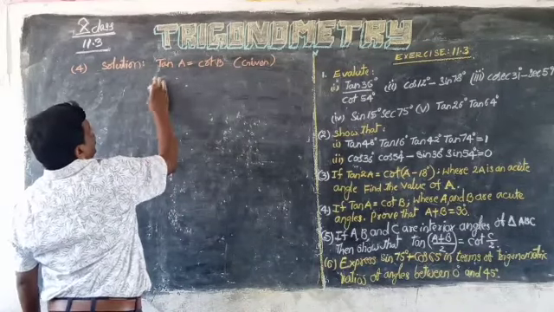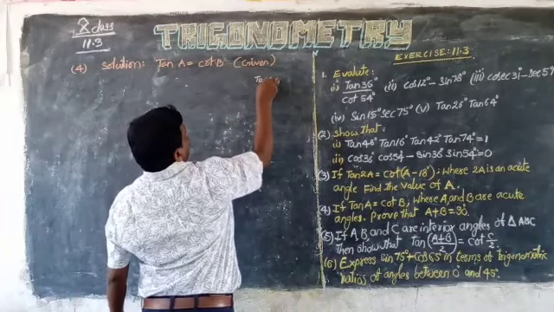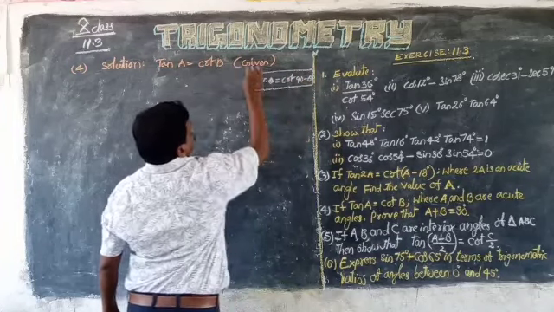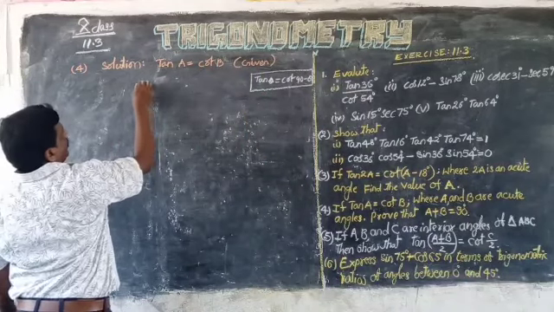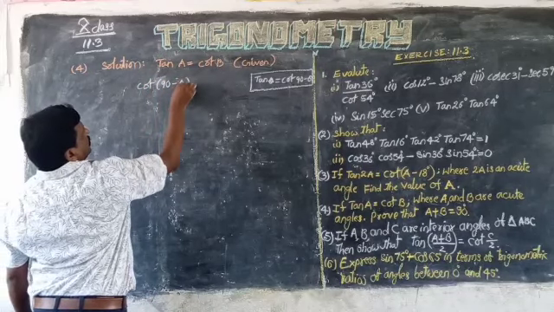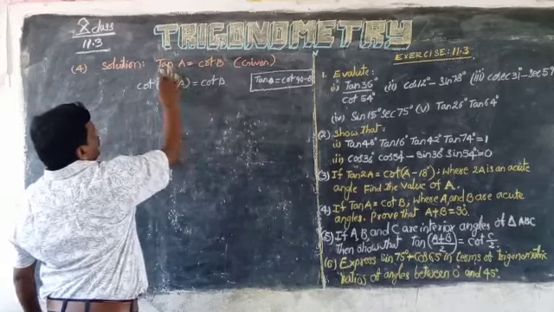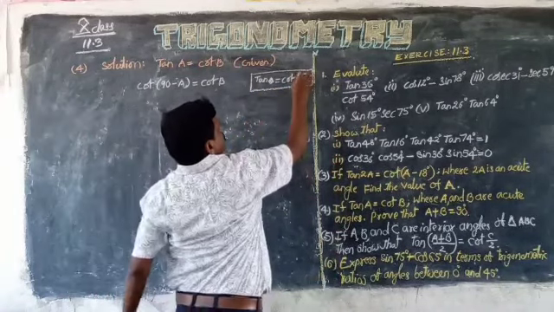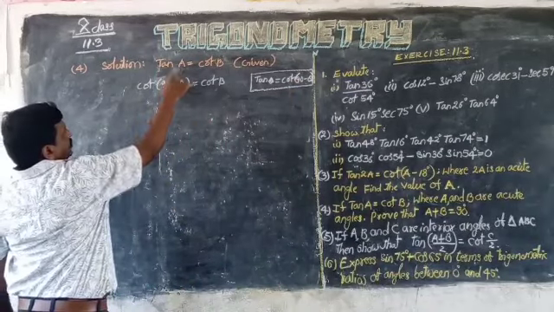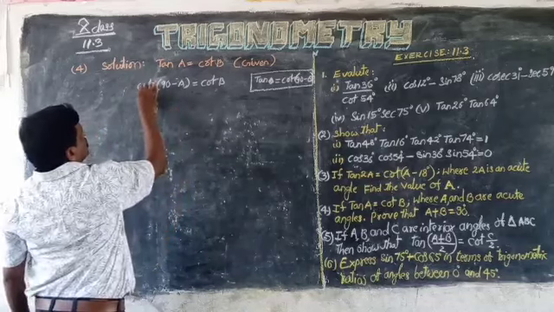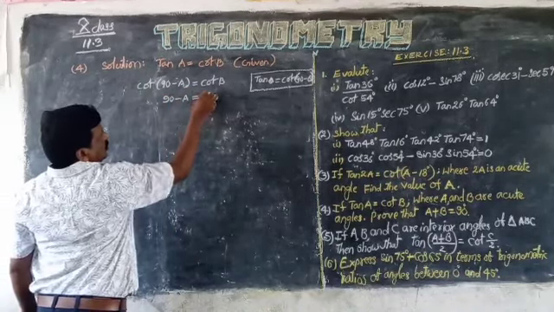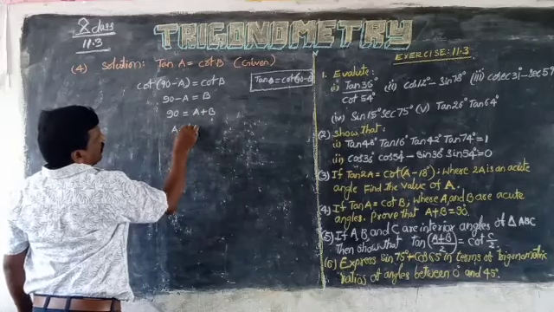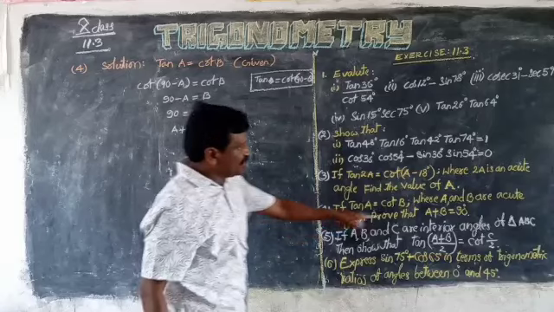So tan A is equal to cot B. Tan theta is equal to cot(90 minus theta), so tan A is cot(90 minus A), which is equal to cot B. Removing cot from both sides, 90 minus A is equal to B. So A plus B is equal to 90 degrees.